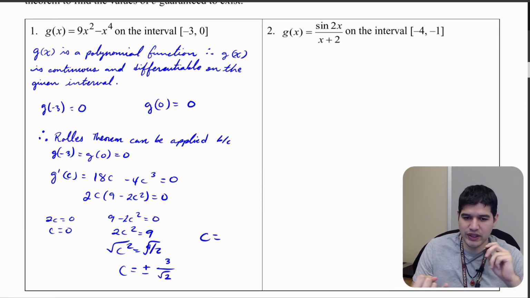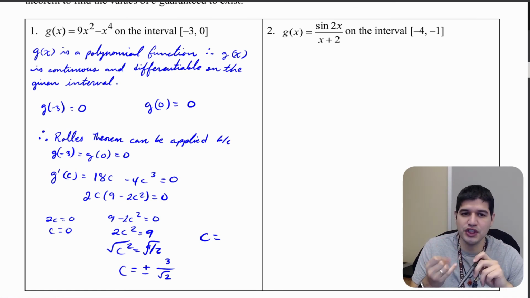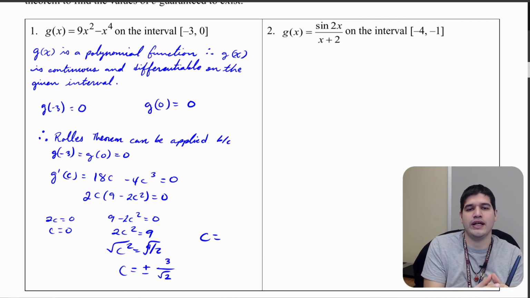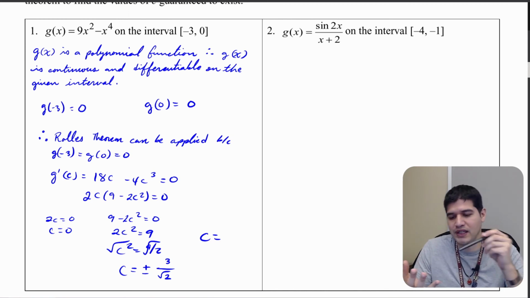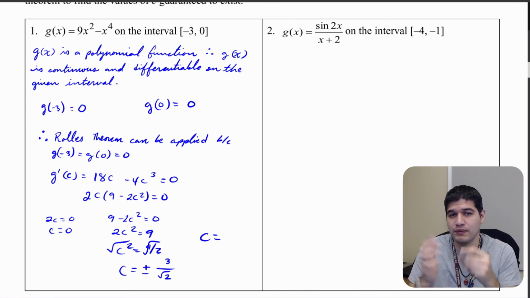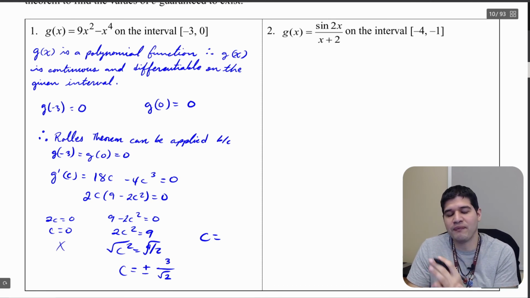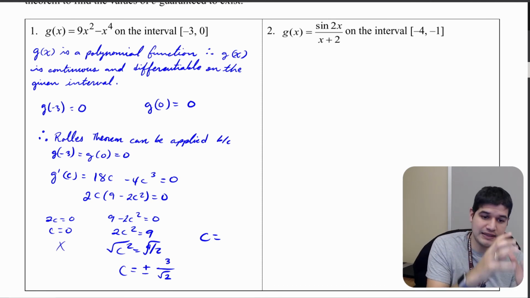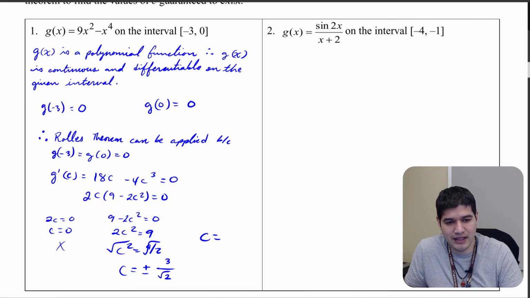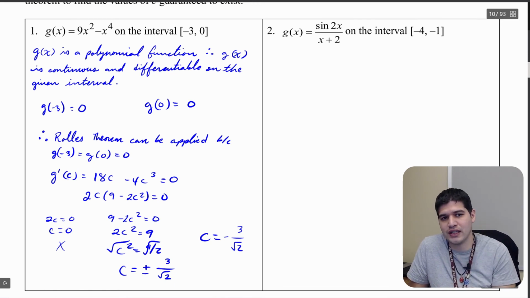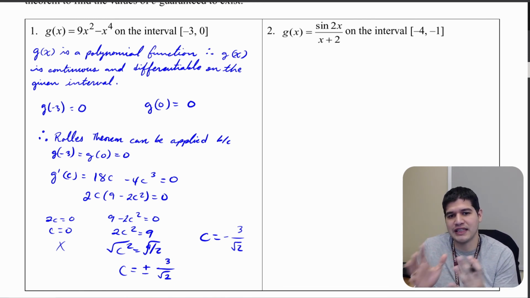Well, we're looking between -3 and 0. So positive 3 over the square root of 2 is going to be outside of that interval. 0 is an endpoint, and since we need it to be differentiable on an open interval from -3 to 0, we also can't include that. So the only value that falls between -3 and 0 is going to be -3 over square root of 2. So you also still need to think critically about what type of values you're getting here.